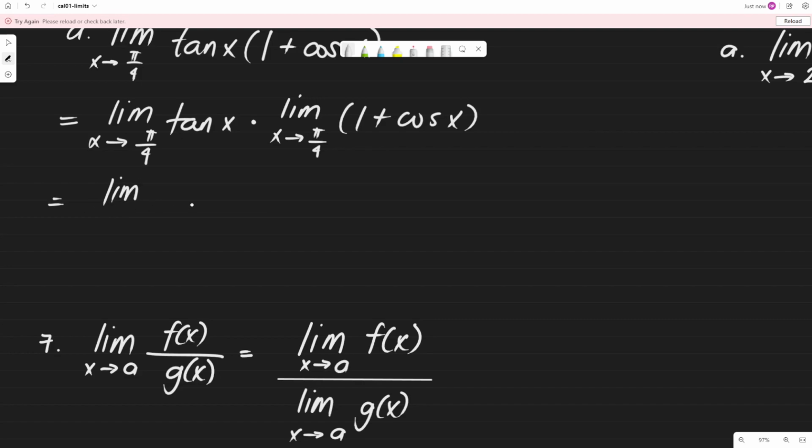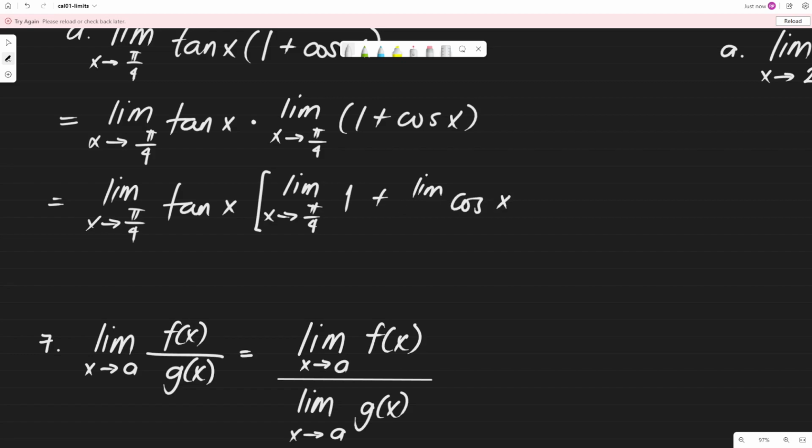So we have the limit of tangent x as x approaches pi over 4, multiplied to, let's add grouping, the limit of 1 as x approaches pi over 4 plus the limit of cosine x as x approaches pi over 4. Then substitute.